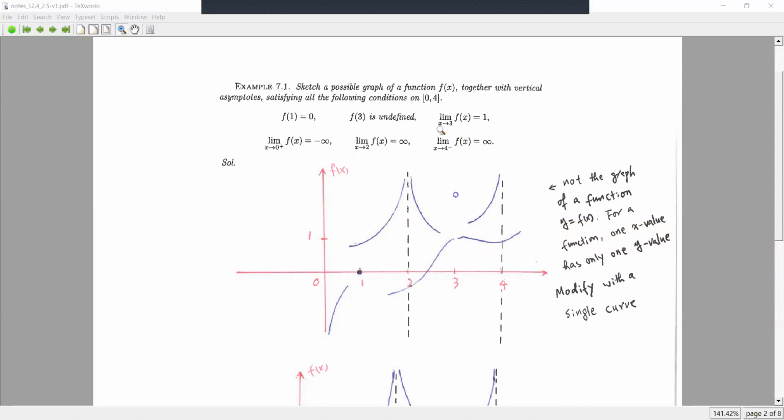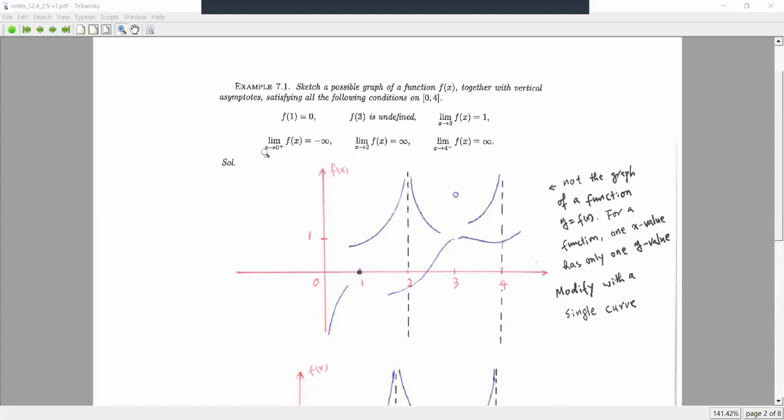Condition 3. As x approaches the number 3 from both sides, function approaches 1. Suppose this height is 1. As x approaches 3, either from the left or from the right, the graph approaches 1.